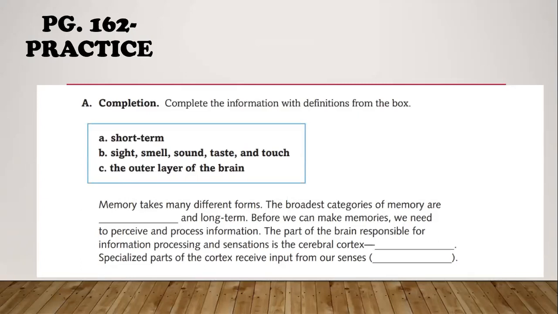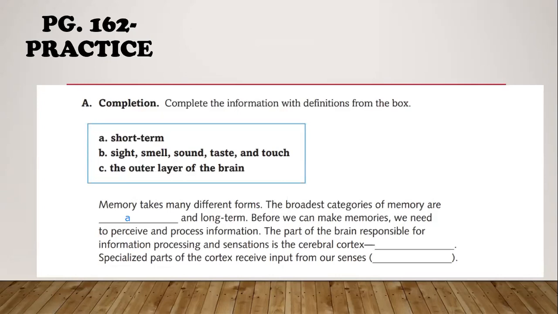The broadest categories of memory are, yes, here they gave us a keyword. The first one is short term. Yes, Abby. The first one is short term because it gives us the idea of long term at the end. So you can recognize that they are talking about that.